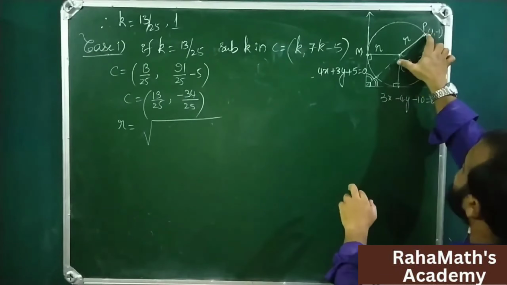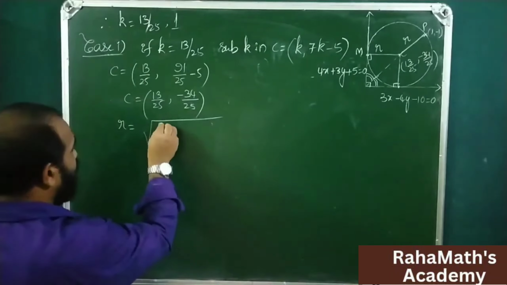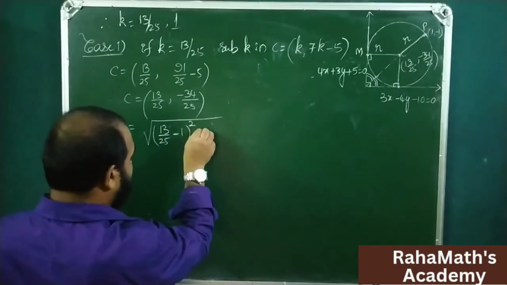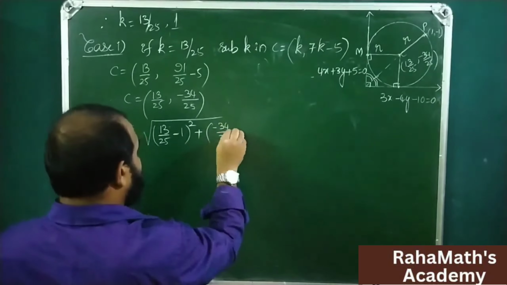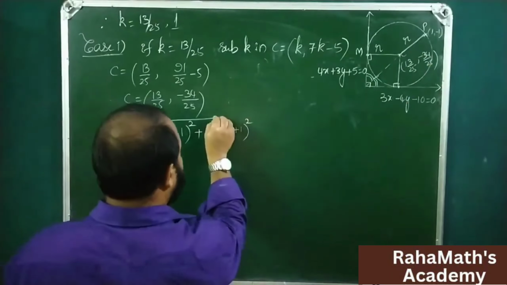So the radius is the distance between the 2 points. 13 by 25 minus 1 whole square plus minus 34 by 25 minus of minus plus 1 whole square.